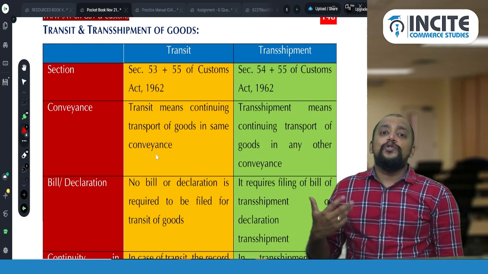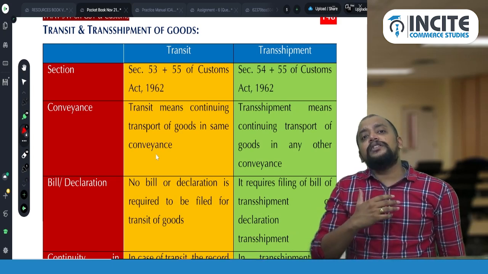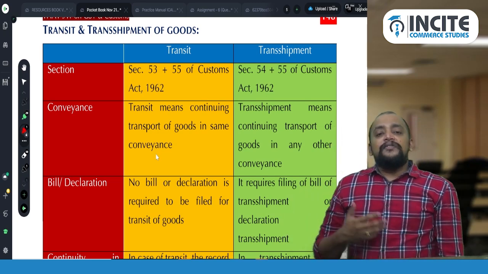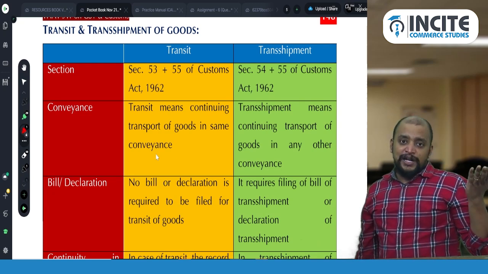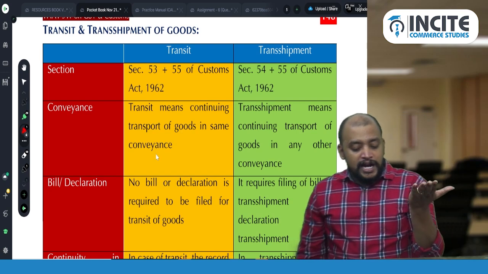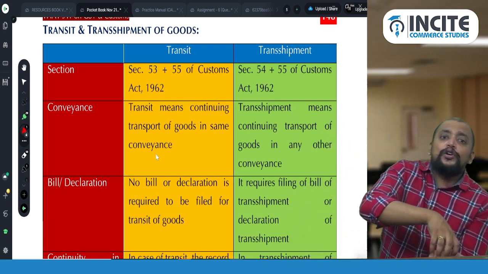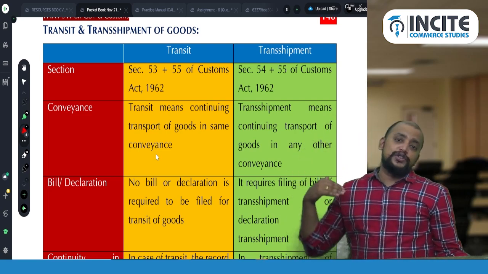For goods in transit, the same vessel which is bringing the goods to the first port will carry them to the subsequent port. Whereas transshipment means a vessel will first bring some goods to the first port, and from that vessel the goods will be unloaded into a different vessel, and the different vessel will bring the goods to another port.